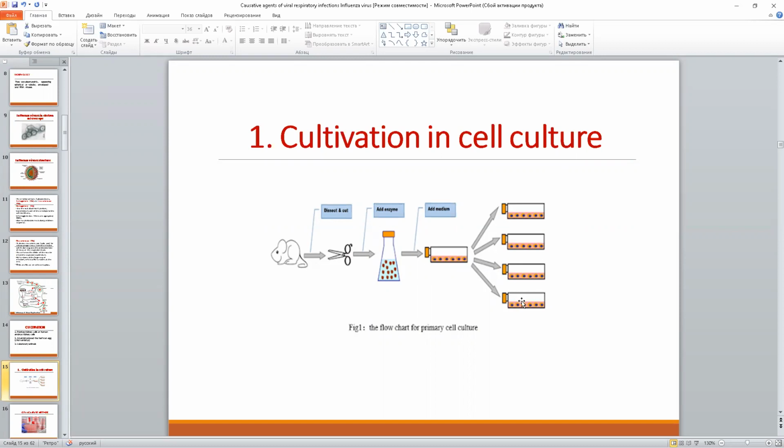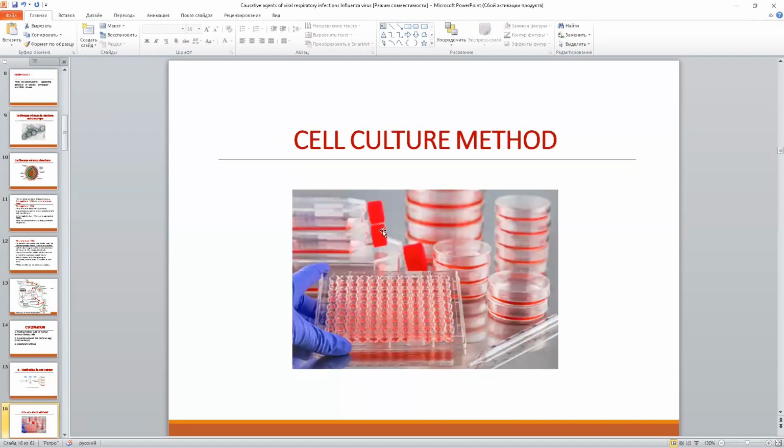They should survive. Primary cells are able to exist only a short time. Then maybe diploid cells, those are able to exist through three inoculations and approximately 50 times. And then cancer cells. Cancer cells are able to multiply constantly during many decades. And so different cell cultures are used. And then how it looks, the cell culture method.